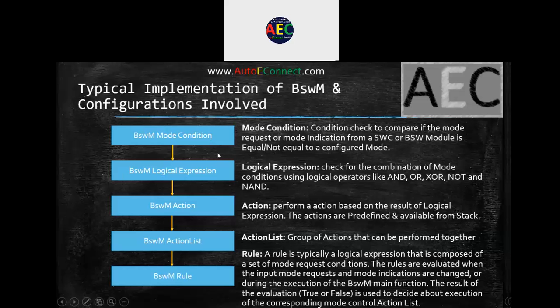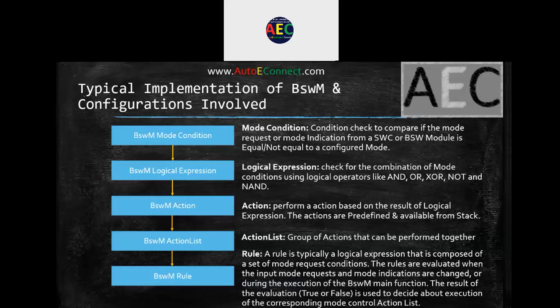The next is the logical expression. Now we have the BswM mode condition related information available to BswM. Let's say, for the sake of easiness, vehicle mode. We will have different vehicle modes, the ECU modes, like wake up, then start, then initialization, then run mode, then post run mode, then shutdown mode, and finally the off mode.